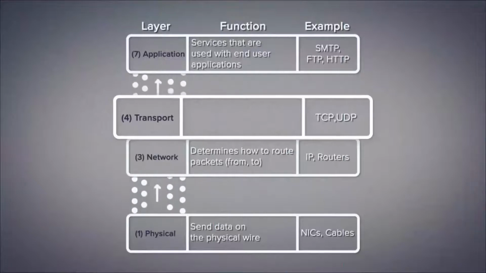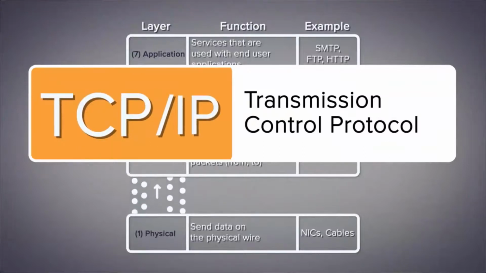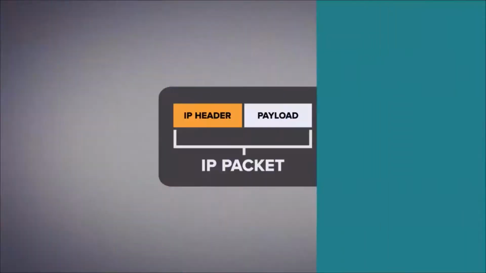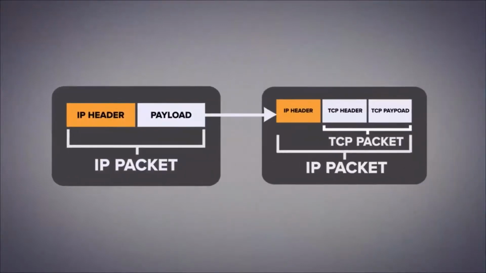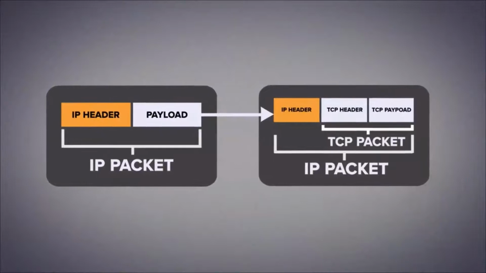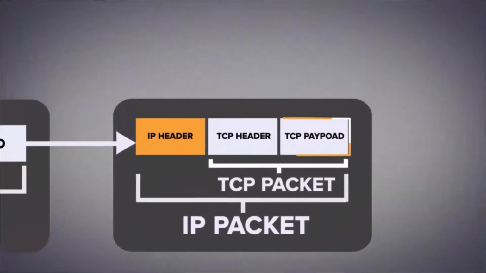One of the most common protocols at this layer is the Transmission Control Protocol, or TCP. TCP sits on top of the IP layer, so it's referred to as TCP/IP. In other words, a TCP packet resides inside the payload of an IP packet. Like IP packets, a TCP packet has a header and a payload.